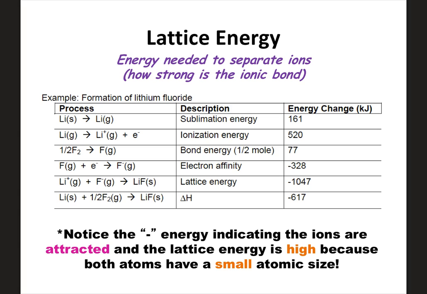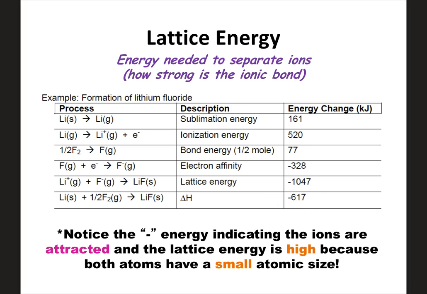And then this last part, this delta H, is just talking about the overall energy change that took place here. Remember, lattice energy is talking about how much energy is needed to separate the bonds, but this last part is basically the overall totaling up. If you add up all of these amounts, all the energy you had to put in, and then all the energy that you get out when they come together, you get an overall energy change.